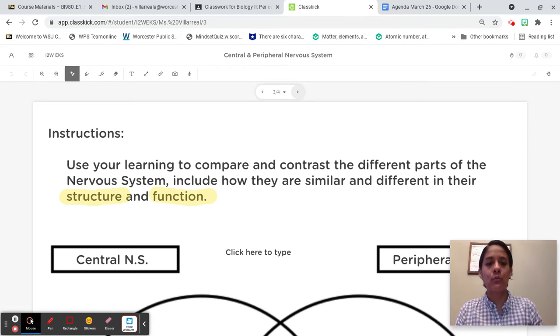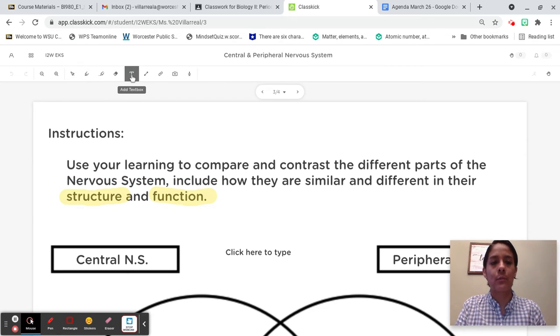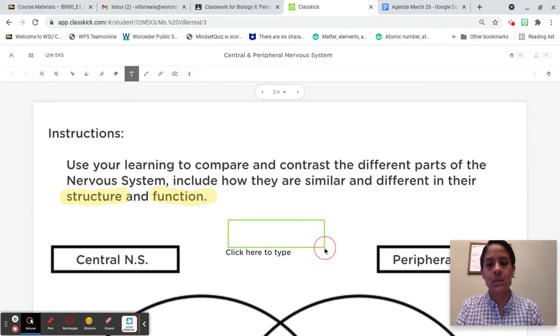On page 3, we are comparing and contrasting the structure and function of the central nervous system to the peripheral nervous system and the somatic nervous system to the automatic. One thing here, you can write in the box or in the circles below using the pen mode, or I recommend just creating a text box.